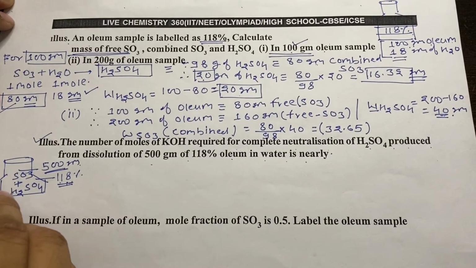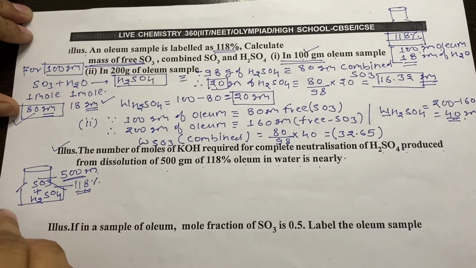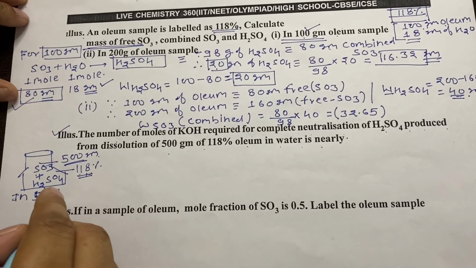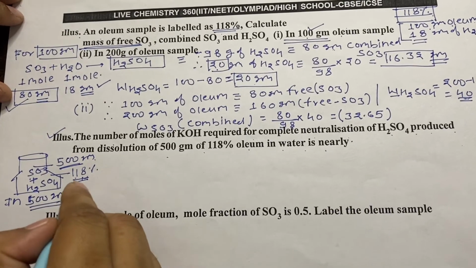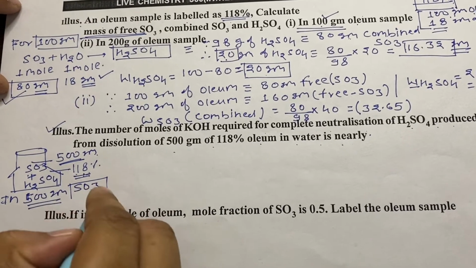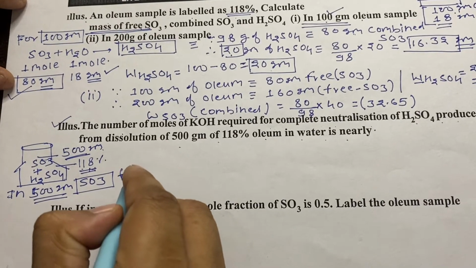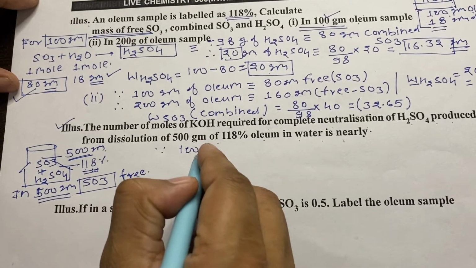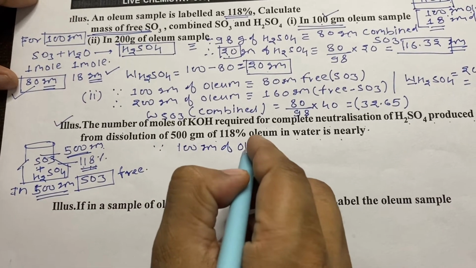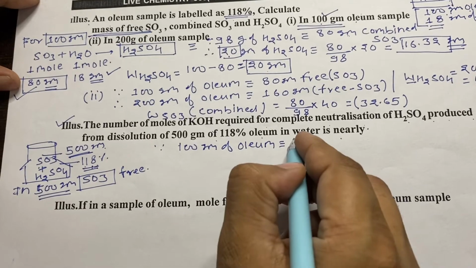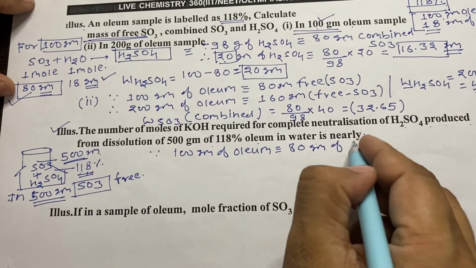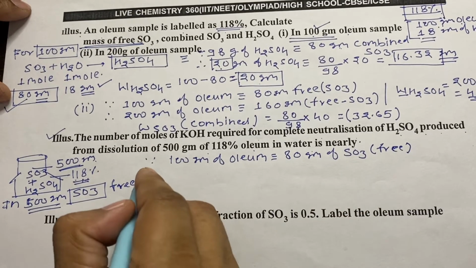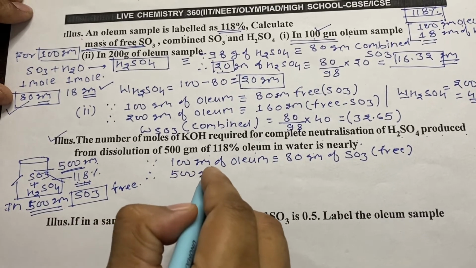So obviously we want to calculate free SO3 in 500 gram. Since in 100 gram of oleum, 80 gram is free SO3, we can calculate for 500 gram of oleum sample.